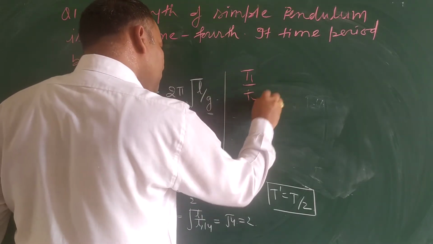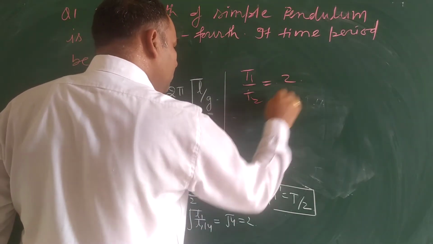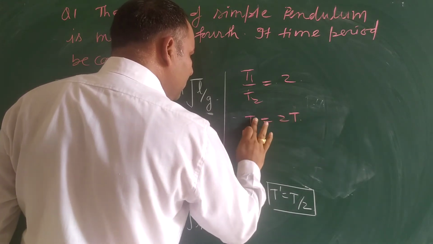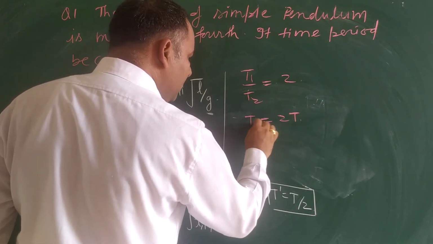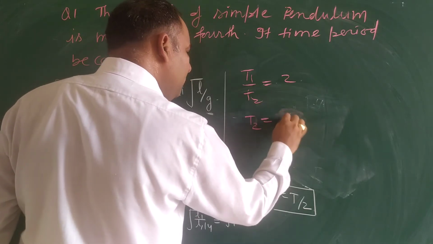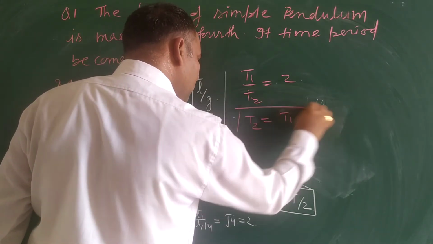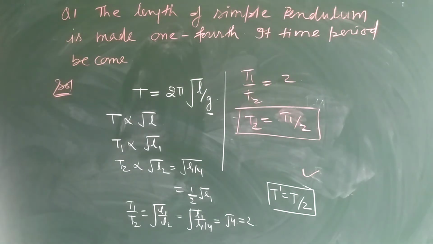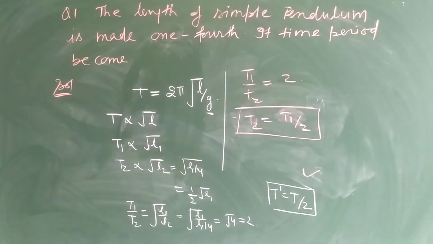Therefore T1 is equal to 2 times T2, so T2 is equal to T1 upon 2. Clear? Same result. So this is your second method to solve the same numerical problem.